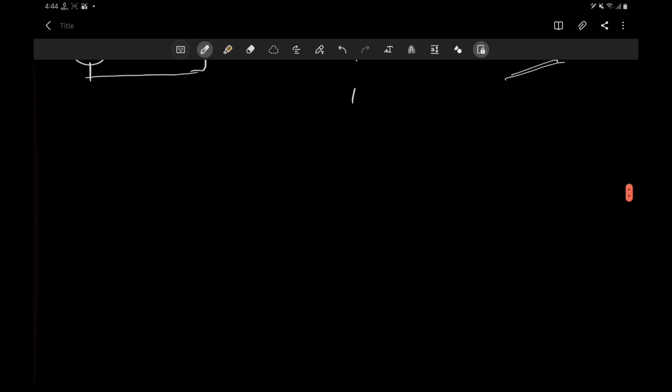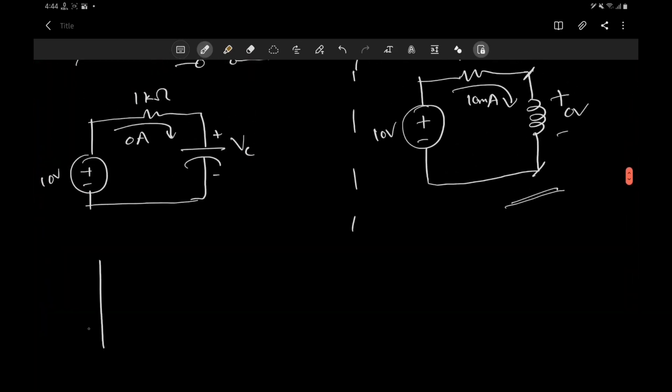In fact, if you draw a graph, this is what we are interested in, and this is what's called transient analysis. We will go into details later, but let me give you the idea here. I have written 10 volts before, but that's what it eventually becomes.